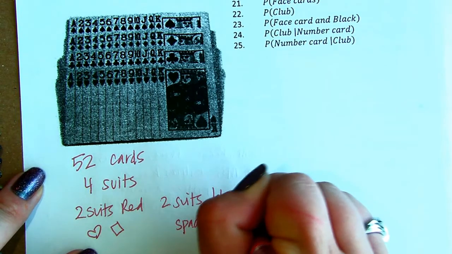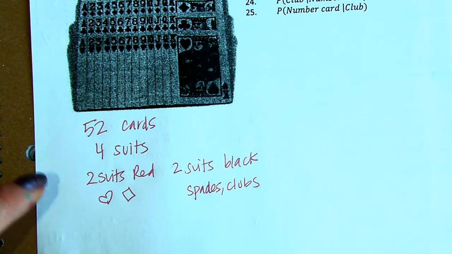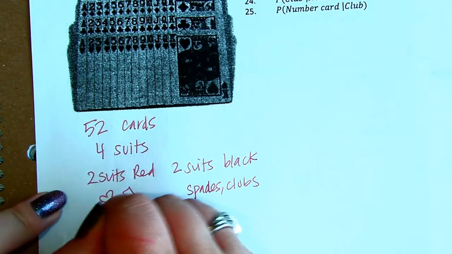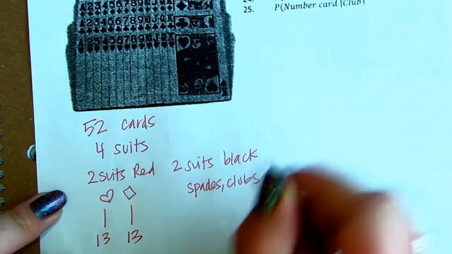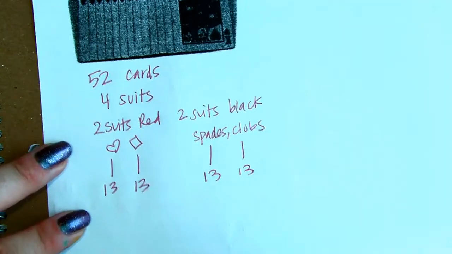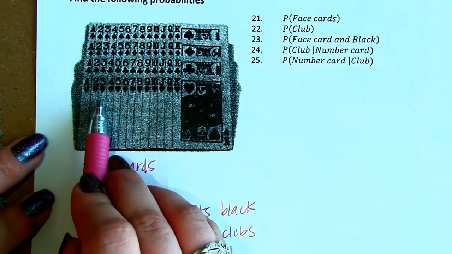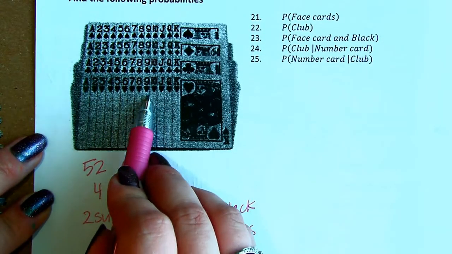Okay. Of these 4 suits, there's 13 of each type. So there's 13 hearts, 13 diamonds, 13 spades, and 13 clubs. And these 13 cards are the ones that are listed here: ace, 2, 3, 4, 5, 6, 7, 8, 9, 10, jack, queen, and king.